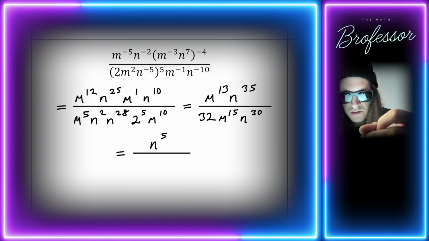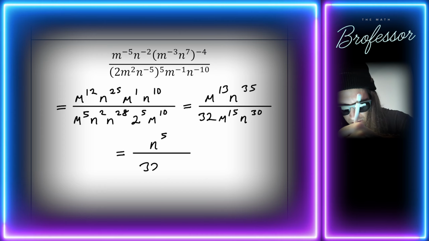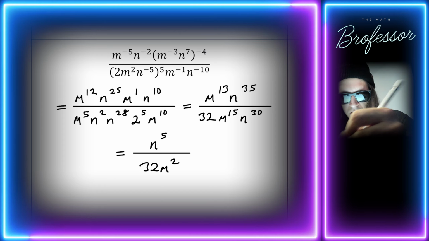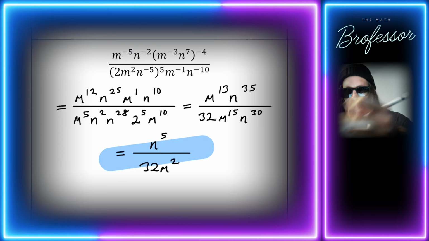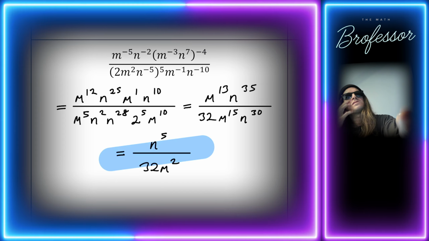I feel like I made a mistake. No. 12 plus 1, 35. Okay. N to the 5. 32. M squared. Okay. I don't know. I feel a little uneasy about that one. I don't remember that answer when I did this in class. So that one might be wrong.